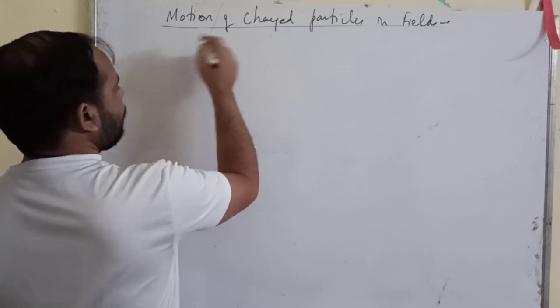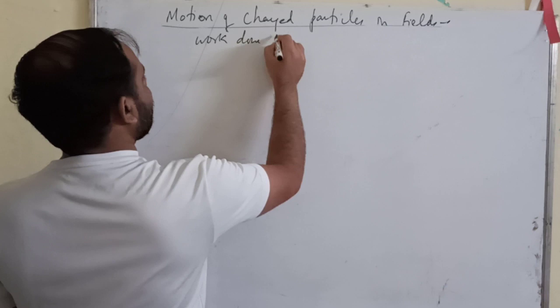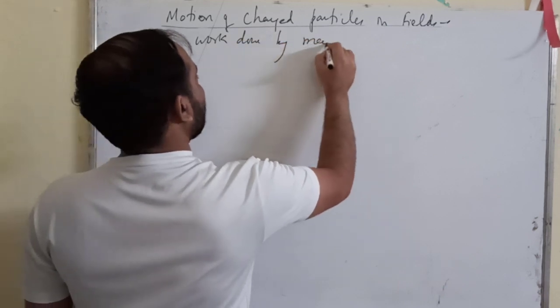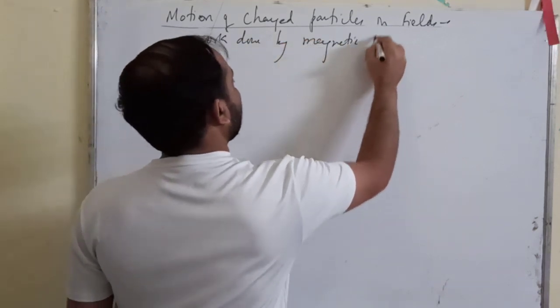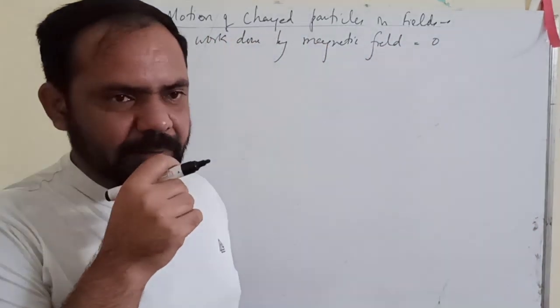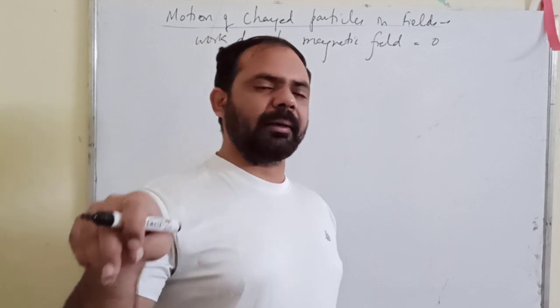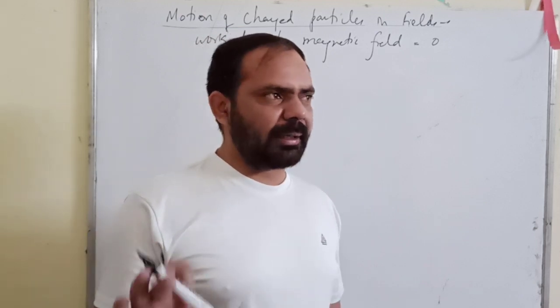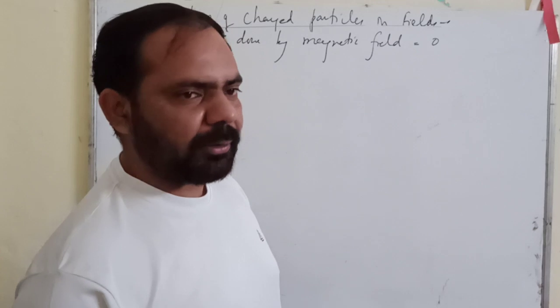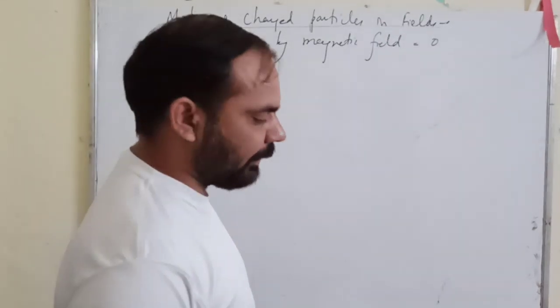Now we will show that the work done by a magnetic field on a charged particle is always zero. That we will prove mathematically. We discussed that the magnetic Lorentz force is perpendicular to the direction of velocity, so it will not do any work. That we are going to prove mathematically here.